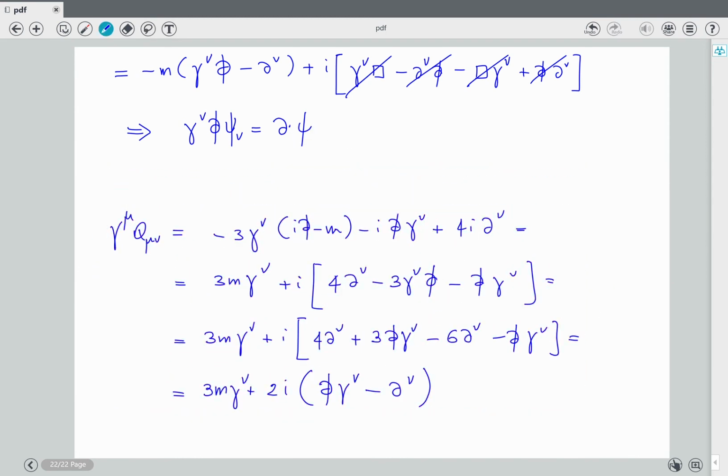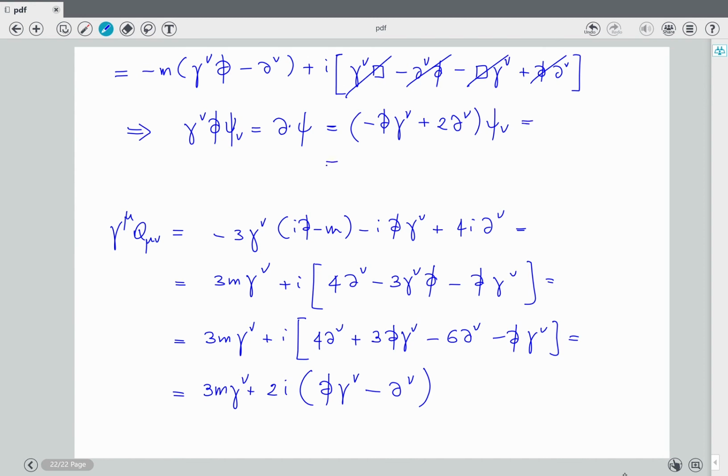How to do it? We can write this term by exchanging the order of ∂̸ and γ^ν by means of the Dirac algebra, and you get that.